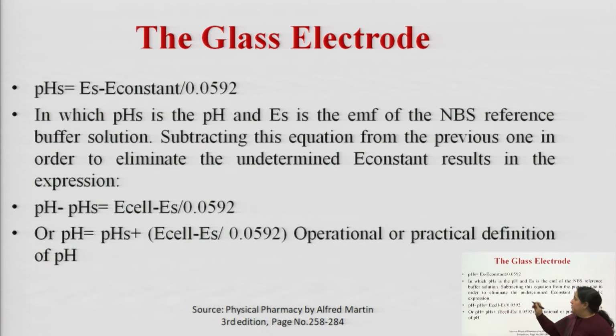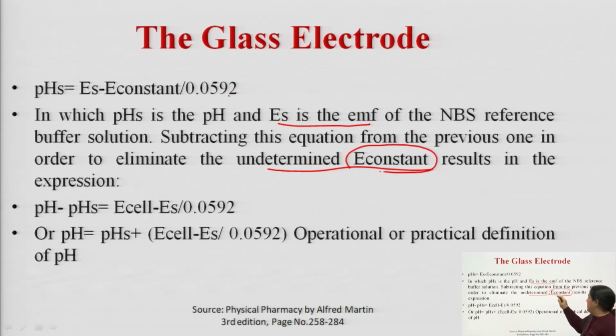So, next we have the equation as pHs is equal to Es minus E constant divided by 0.0592, in which pHs is the pH and Es is the EMF of the NBS reference buffer solution. Subtracting this equation from the previous one in order to determine the undetermined E constant, right. We want to determine this E constant, we want to get its value.